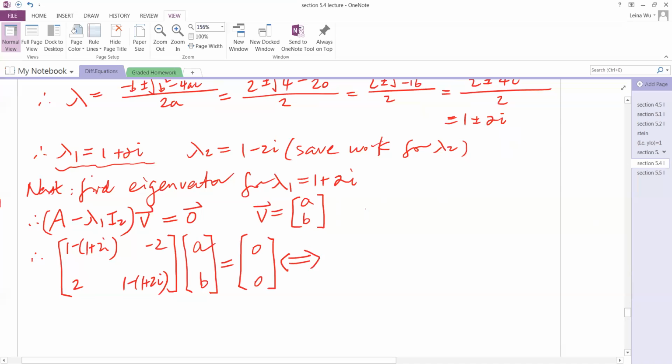You guys have this? Okay. Actually, this question is easier than the previous one because the coefficients are better. So we have 1 minus 1 minus 2i. This turns out to be negative 2i, negative 2, and 2, negative 2i, times a, b equals 0, 0.